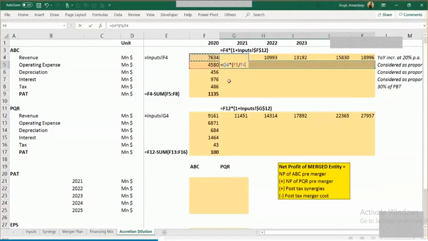I don't want to get into all of those logics of how I would do it, because in a financial model we know how this is captured. Here it is more like a high-level assumption, and I'm just trying to put some financials in place for ABC and PQR. If revenue increases at a certain rate, all other items would also increase at the same rate.